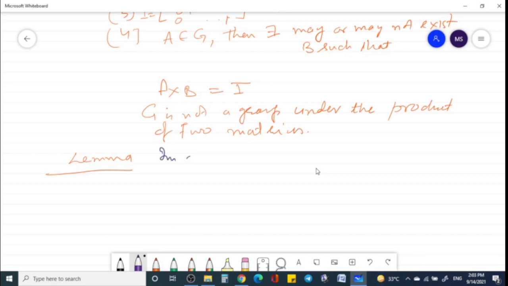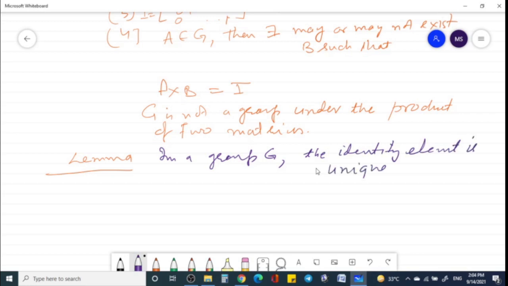In a group G, the identity element is unique. The identity element is unique. So the proof is very simple.